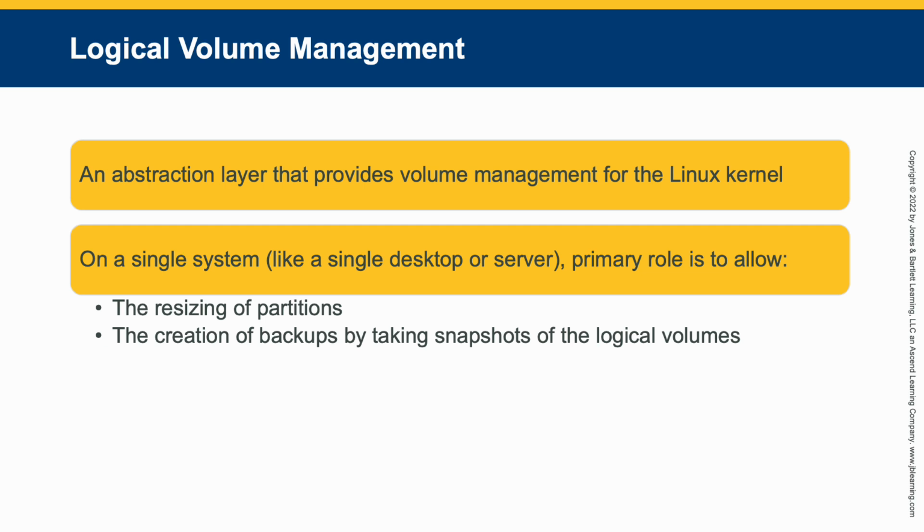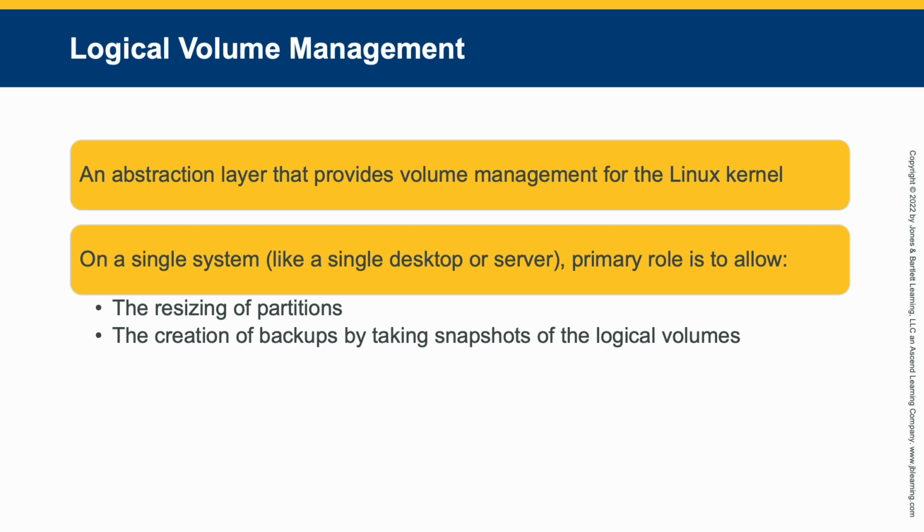This dynamic resizing capability is invaluable for system administrators who need to adjust storage allocations in response to changing demands. LVM also supports features like snapshotting, which allows for creation of point in time copies of logical volumes, useful for backups and testing.